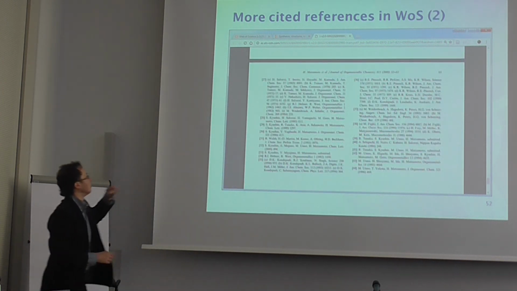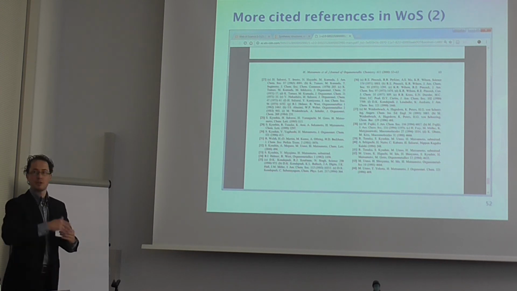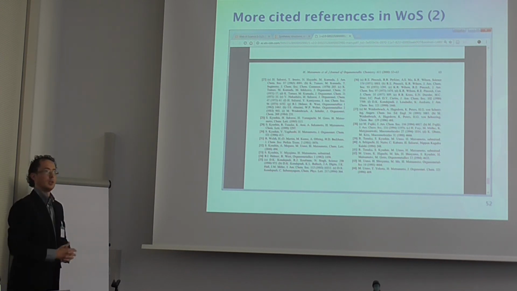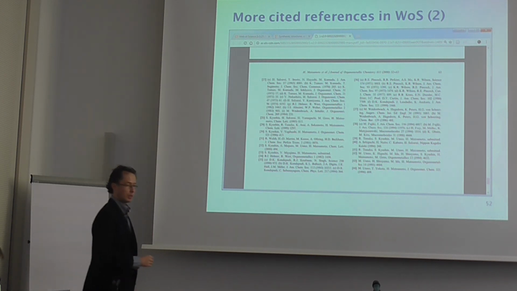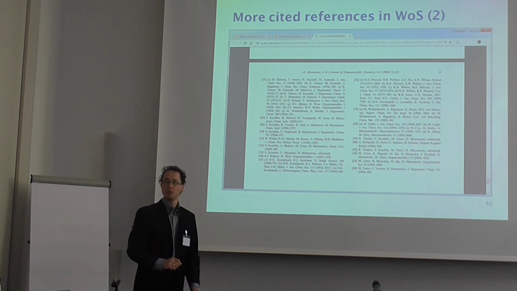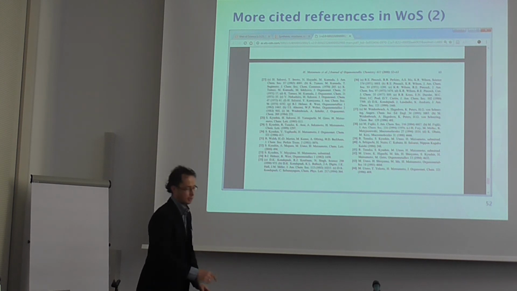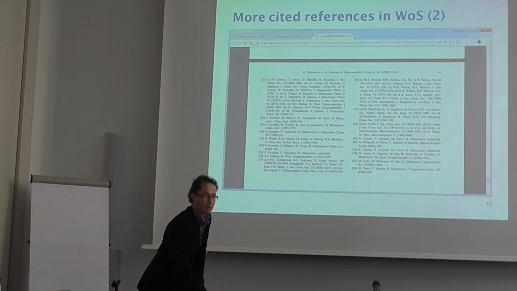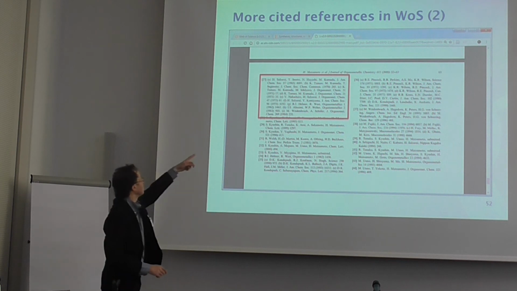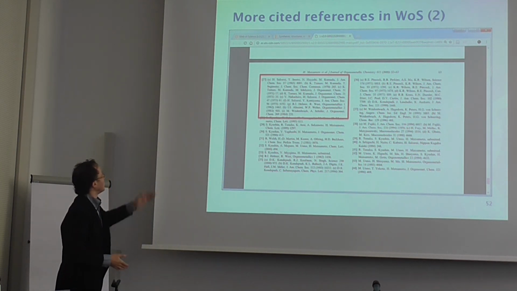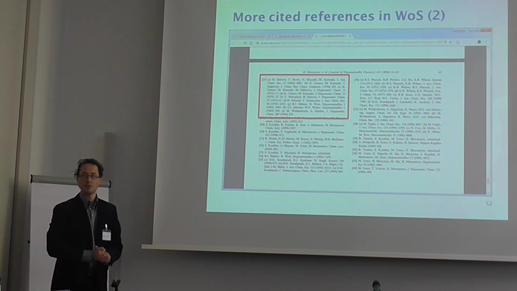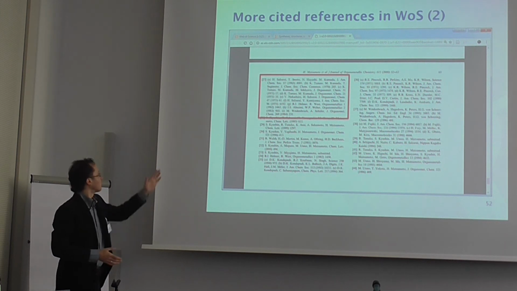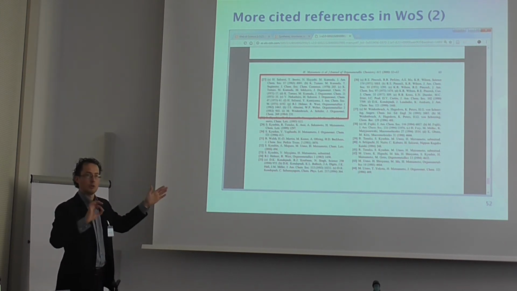There are cases where we have found more cited references in Web of Science compared to the original article. And in fact, we found that Web of Science is doing a quite good job in identifying the cited references, because there are many difficult cases. For example, up here, this is a reference list, and there are many sub-references listed. And Web of Science is correctly identifying all those sub-references.